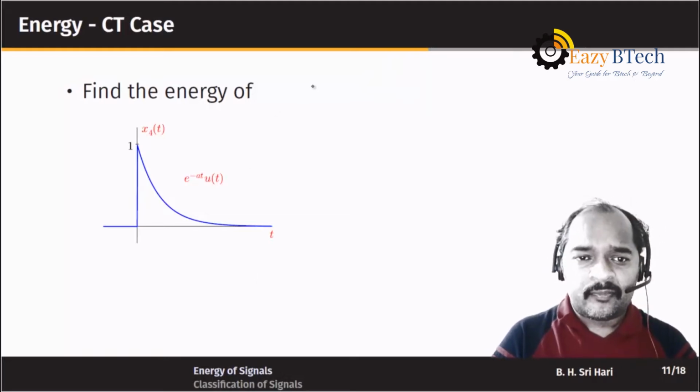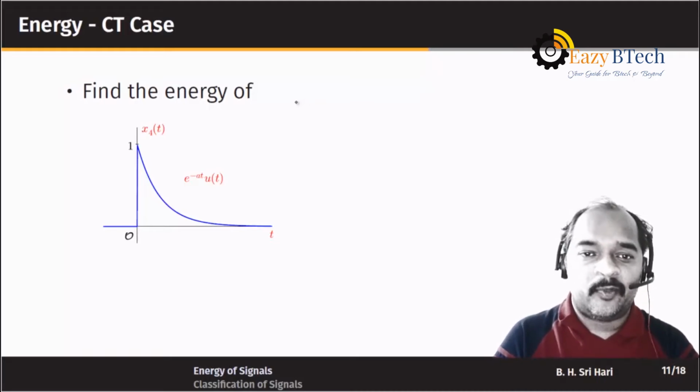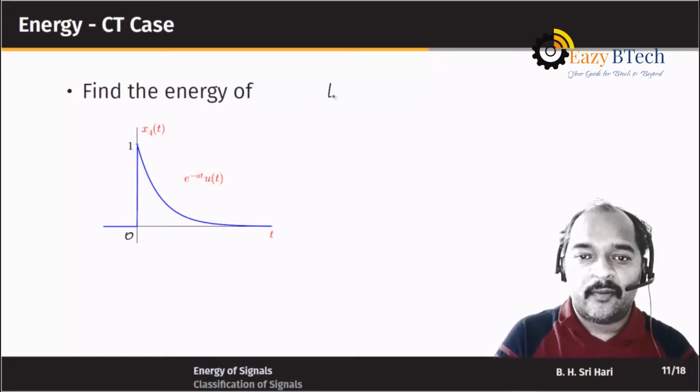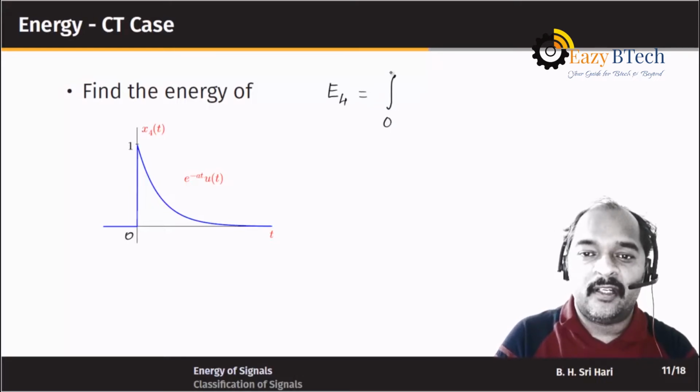Okay, next question: we are asked to find the energy of this signal, which is an exponentially decaying function from 0 to infinity. So what will be the energy of this signal? E4. The integral limits should actually be from minus infinity to infinity, but the signal exists only from 0 to infinity. So you have e power minus at, and you have to take the square.